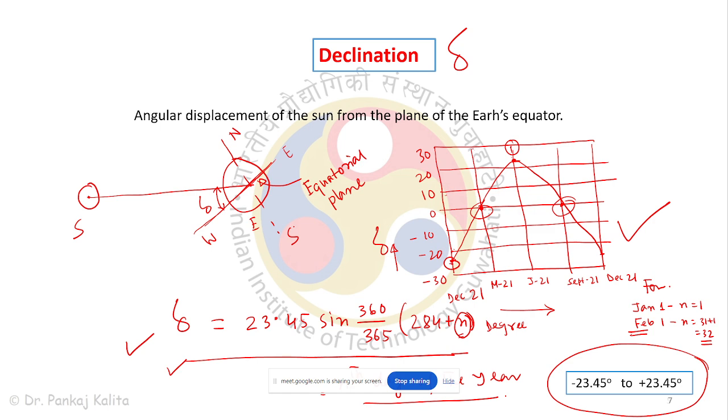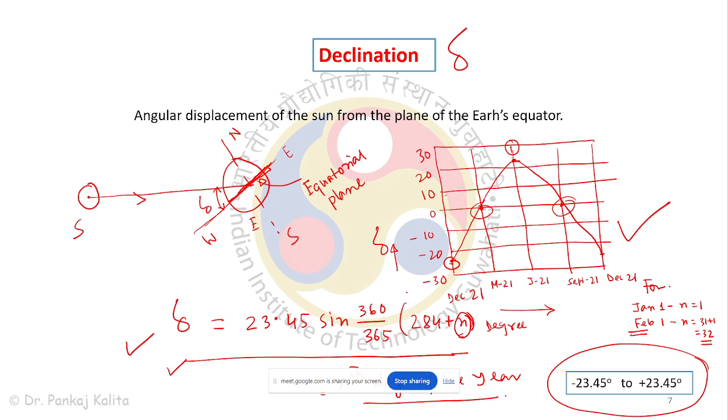Now the declination angle gives the relationship between the sun and the earth. What is the angular displacement of the sun from the plane of the earth's equator? If this is your sun and this is your earth, and a beam of solar radiation is coming, if we extend it to the center of the earth and take its angle from the earth's equatorial plane, that gives your declination angle, right?